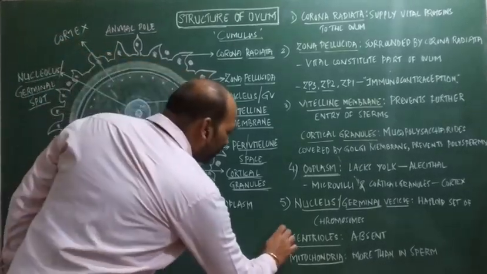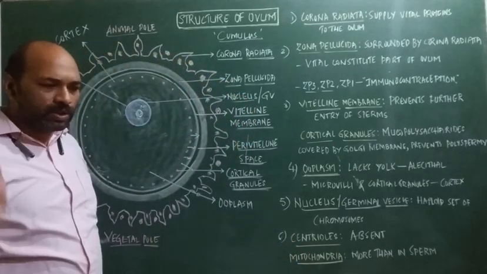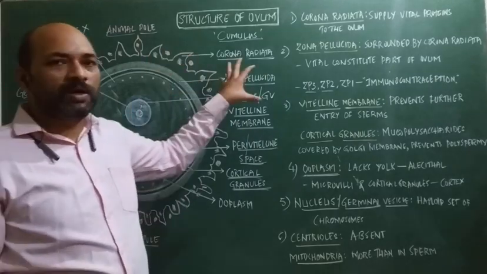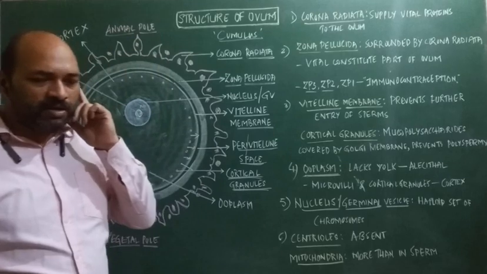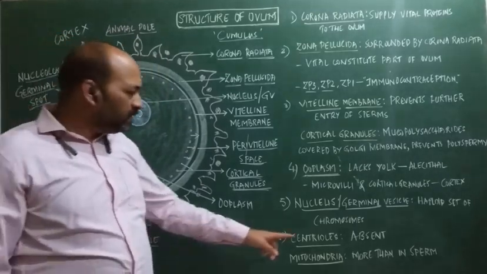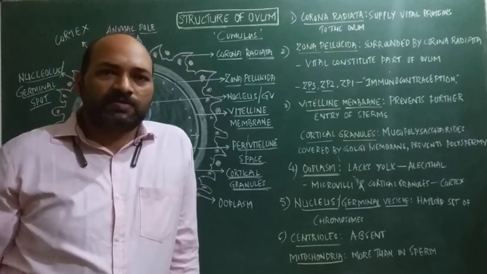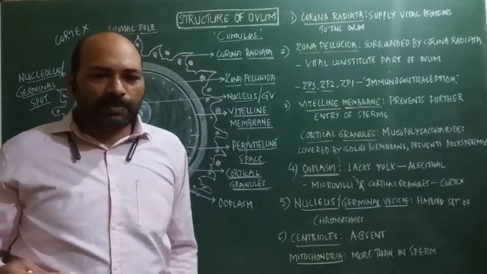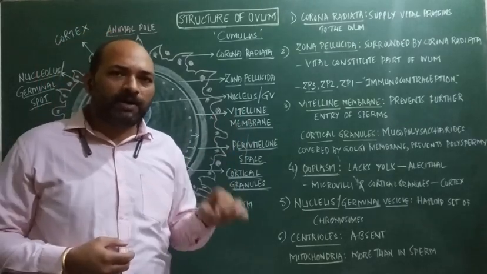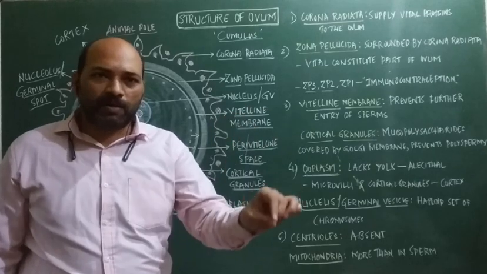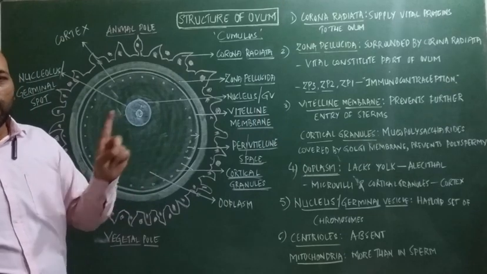And next is regarding the centrioles. Centrioles are totally absent in the human egg or ova. Remember, this is very important for any competitive exam. Centrioles are totally absent, which means once the sperm enters into the ova, the entire process of fusion of male and female pronuclei is done by the centriole of the sperm, because centrioles in the egg cell are totally absent.